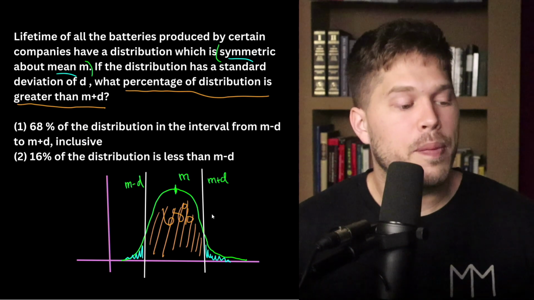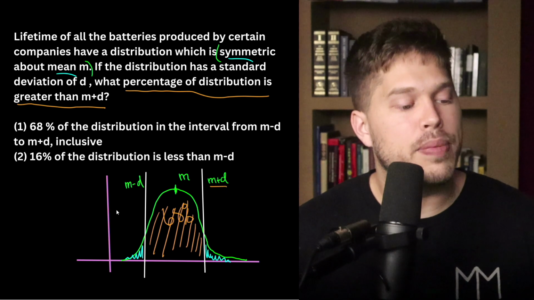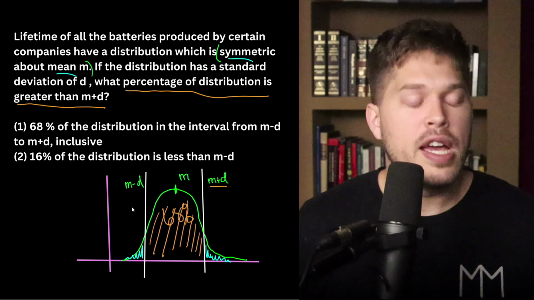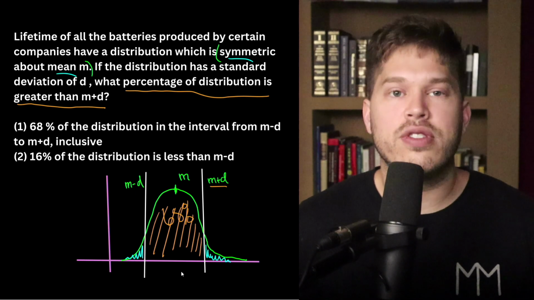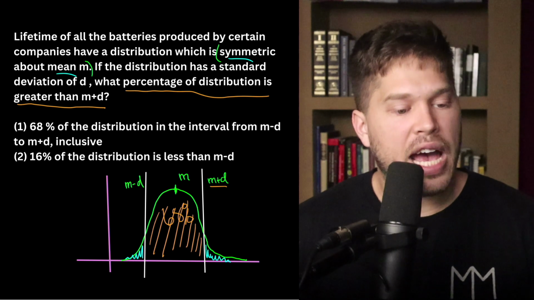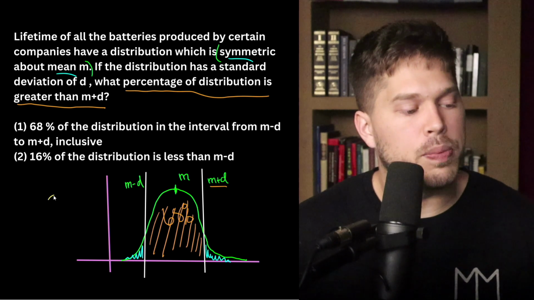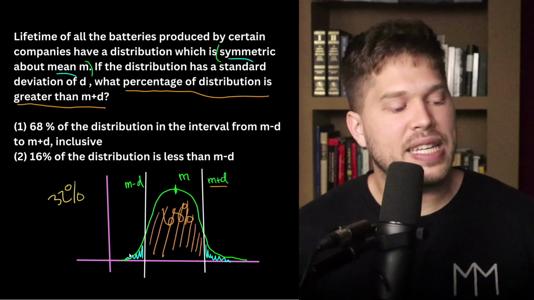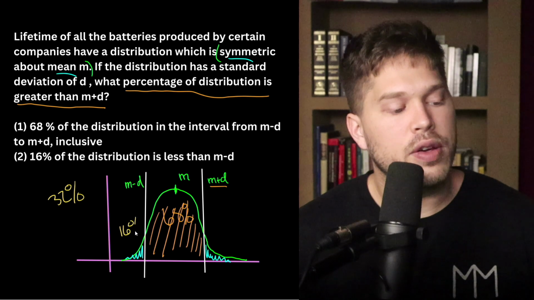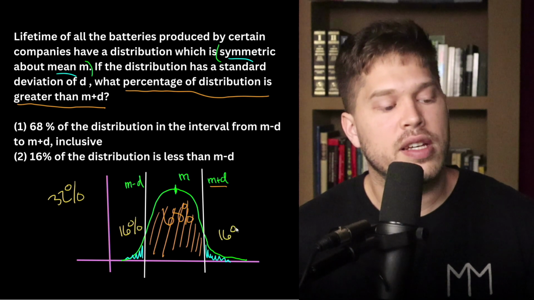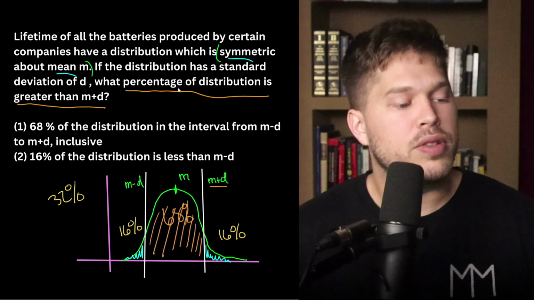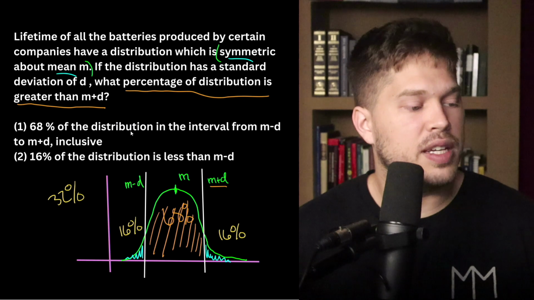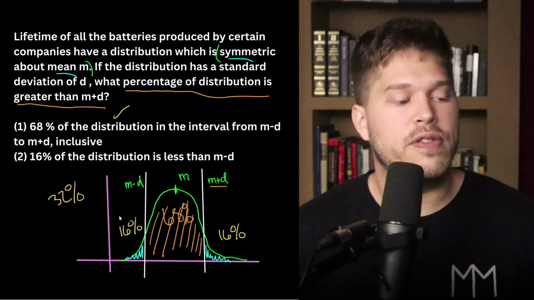Absolutely, because we know m plus d and m minus d to be symmetric, then the tails of our distribution must add up to the remaining 32%. And since our tails are symmetric, each tail represents a uniform 16%. And so therefore, our percentage of distribution greater than m plus d would be 16%. So statement 1 is sufficient.